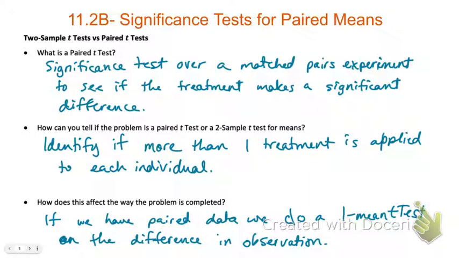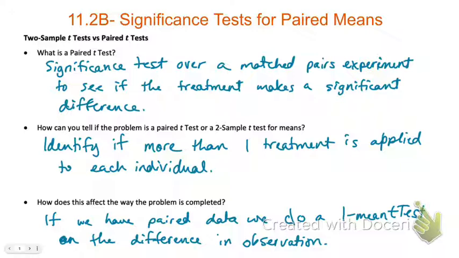At that point, if we're pairing up to see if there's a difference, we're going to look at the difference, and we're going to just do the significance test on the actual difference itself. Was there an actual, significant difference or not? So if we have paired data, we're actually going to use our one mean t-test on the difference. We won't use the original two different treatments. We won't use all the original data. You'll see what I mean when we get to our example in just a minute.